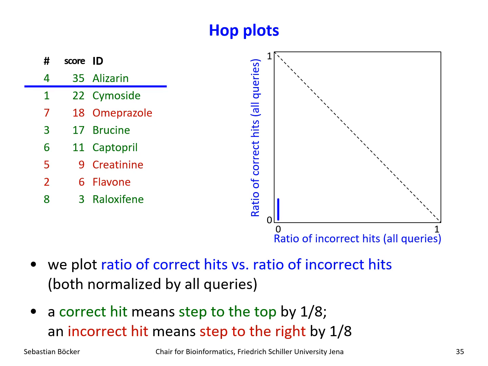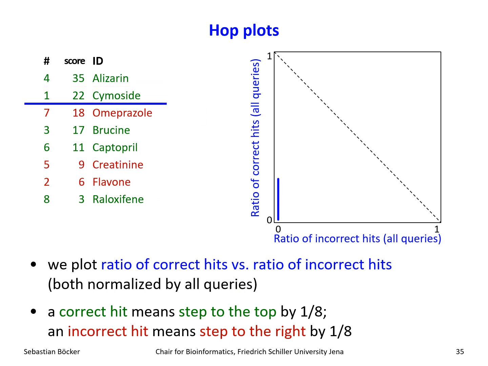We then lower our threshold, and here we get 1 correct hit, which is now reported. And we can simply step up in our plot by 1/8, because our ratio of correct hits now increased to 1 in 8.